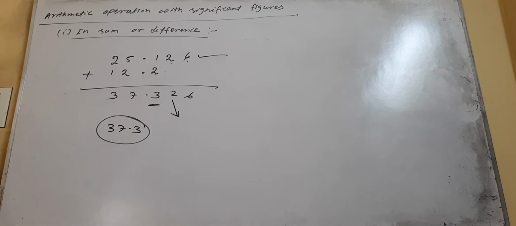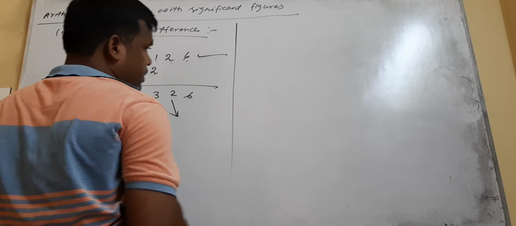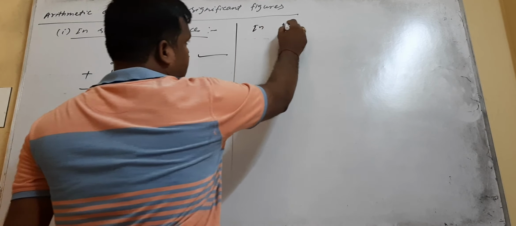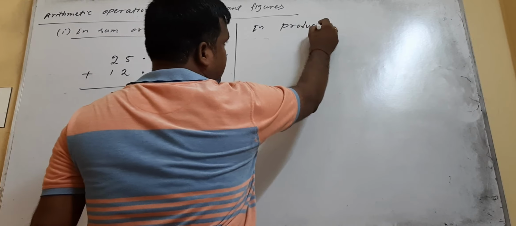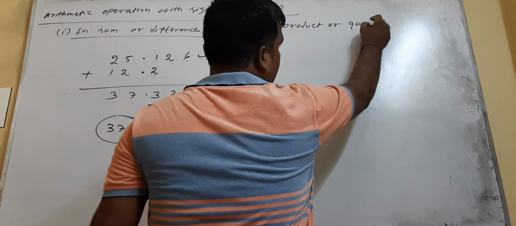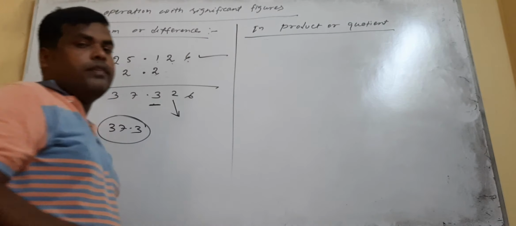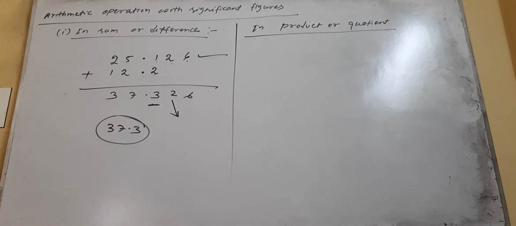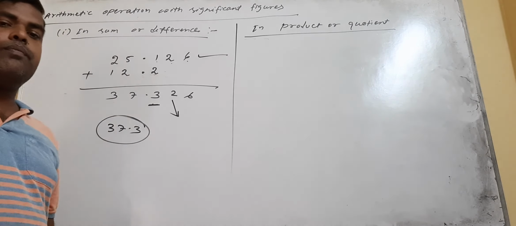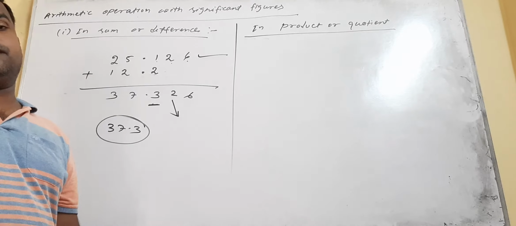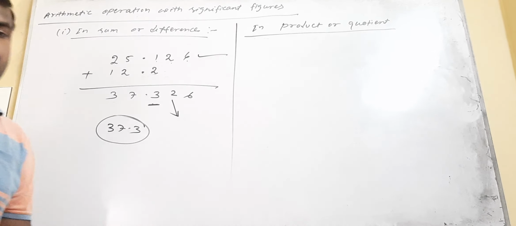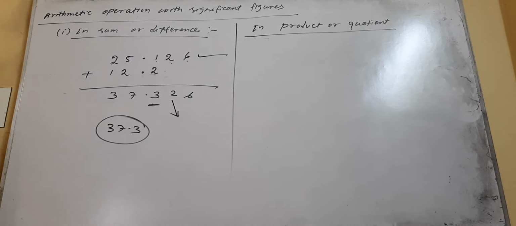In product or quotient, you remember, in product or quotient, the result should have same number of significant figures as the given numbers with minimum number of significant figures.